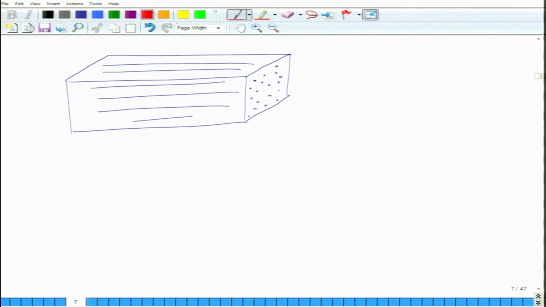Okay. So, this is my wooden block and I have cut the wooden block in such a way that the length of the block is aligned to the direction of the fibers. So, the fibers and the length of the block are running in the same direction.